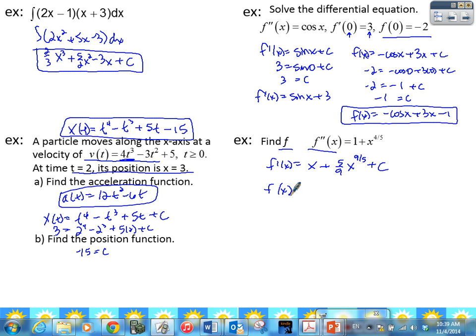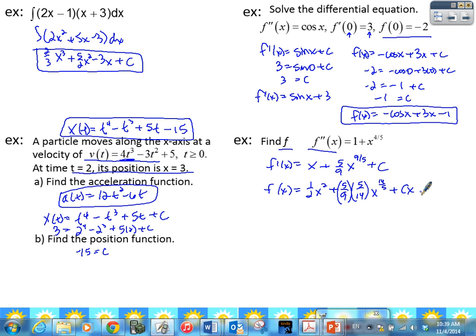So f of x. All right, so x, I would add 1 to 1 and get 2 and divide by 2. That's x squared. Now this one's going to be a bit messier. I'm going to just put the 5/9, that's a constant that's just going to be hanging out there for a minute. So I add 1 to 9/5. I get 14/5. So that means I have to multiply by 5/14. x to the 14/5. Plus, and what do you think the antiderivative of c is? cx.